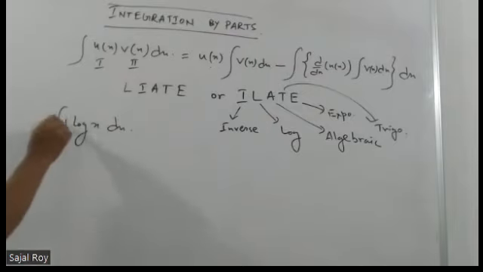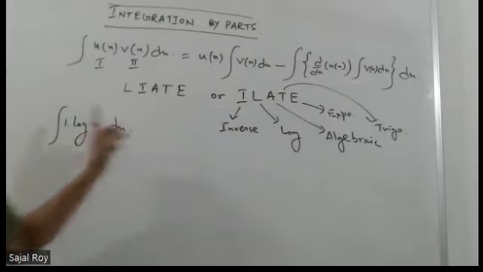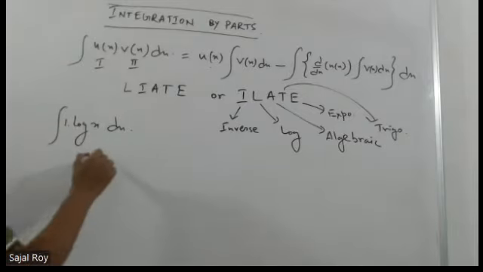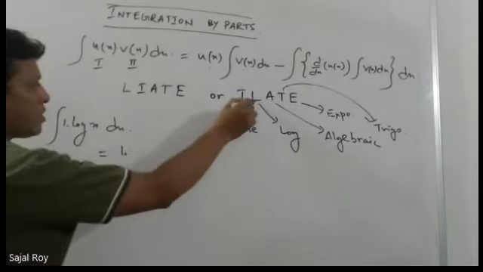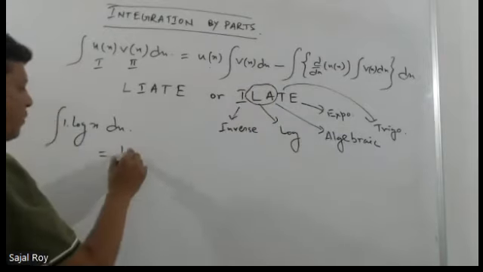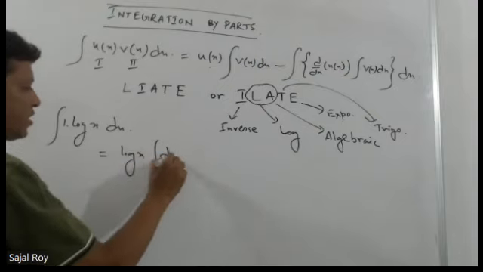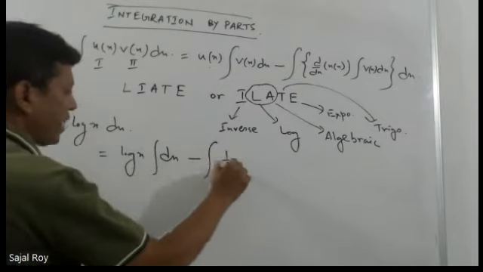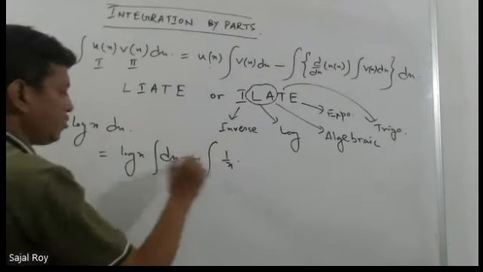So log into 1, where 1 is a constant polynomial, algebraic. According to L and A, L comes first, so log will be the first function. Integration of dx, minus the derivative of log x, which is 1 by x, into this integration.